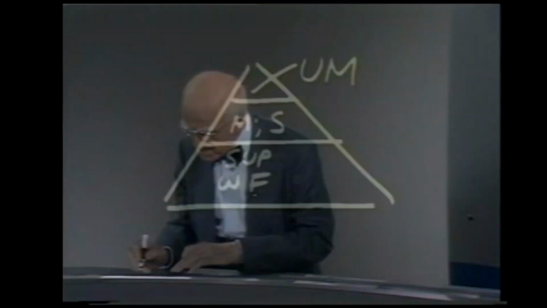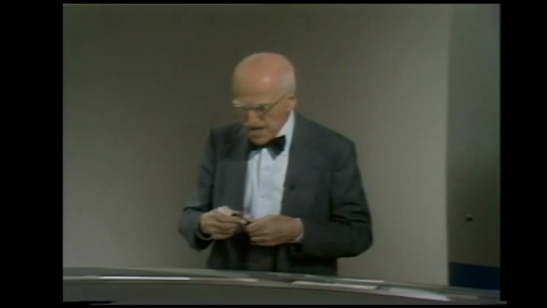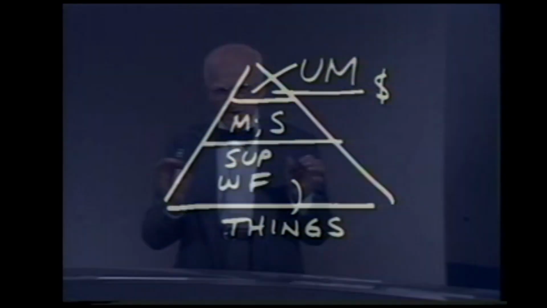There are many dialects in this pyramid, but only two standard languages. At the base is the language of things. Tons, meters, hours. At the top, the standard language is that of money. Sales, costs, profit, return on investment.